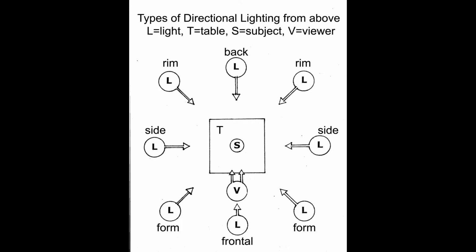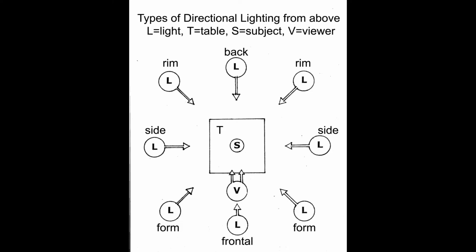So side lighting, the ones labeled side, are coming in perpendicular to the viewpoint of the viewer, the person doing the drawing. Frontal lighting strikes the subject in the same direction that the viewer is looking.